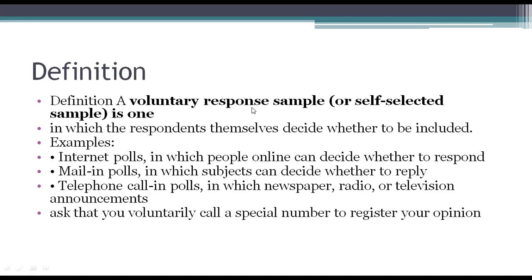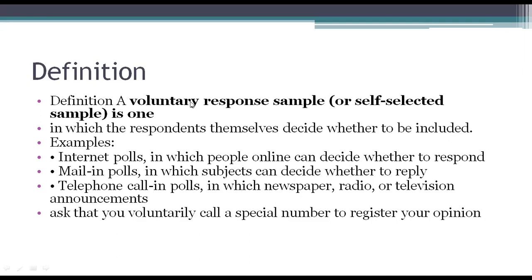You have already seen this sampling method online. When you use online portals, YouTube, Google, Facebook and other social media, sometimes you have a survey on your screen, and you have the right to skip it or to accept it.